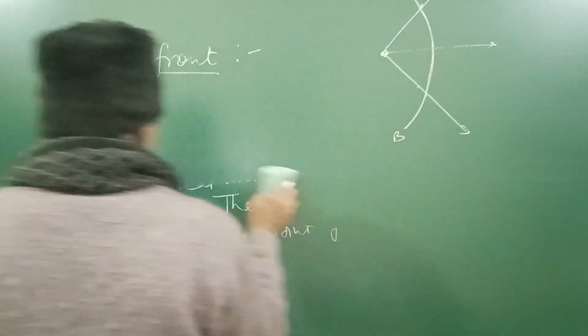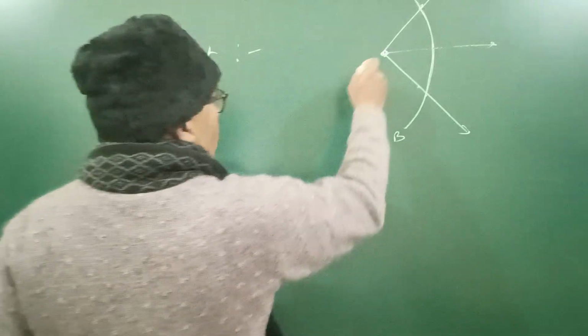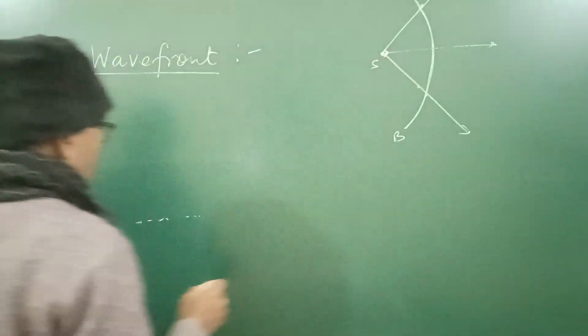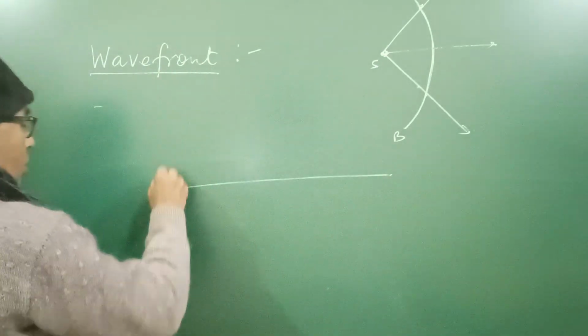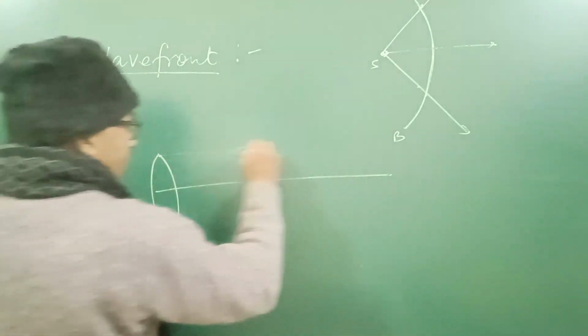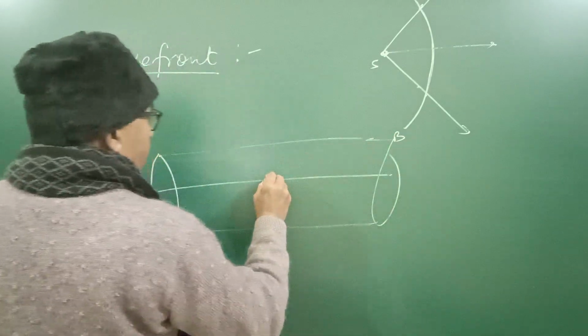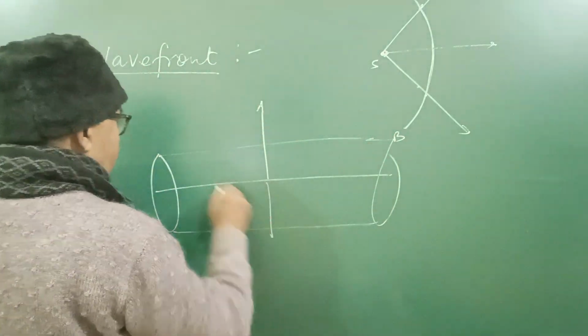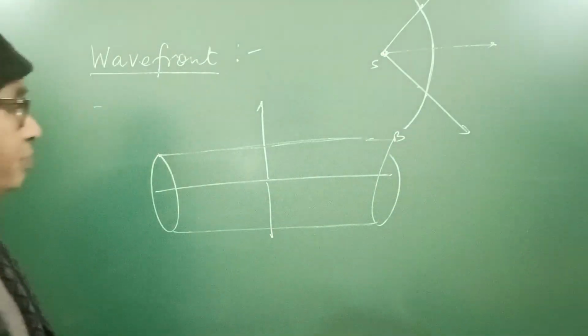Now for a cylindrical source, this is the source of the wave. For a cylindrical line source, all like this cylindrical. And the normal to this will be this. This is the wavefront, cylindrical wavefront, all around.